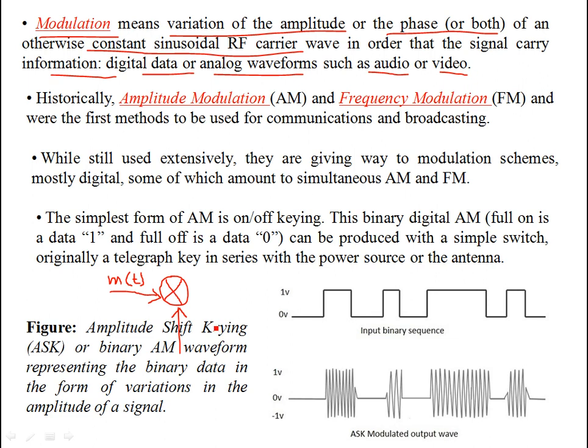If it's a continuous modulation, then you have a carrier signal, that's C of T, a high frequency carrier signal, and then you combine it, you mix the two signals. So at the output you have M of T multiplied by C of T, which results in the modulation of the message signal or the encoding of information, and how the information is encoded into the carrier for transmission. Well, you are varying the amplitude or the frequency.